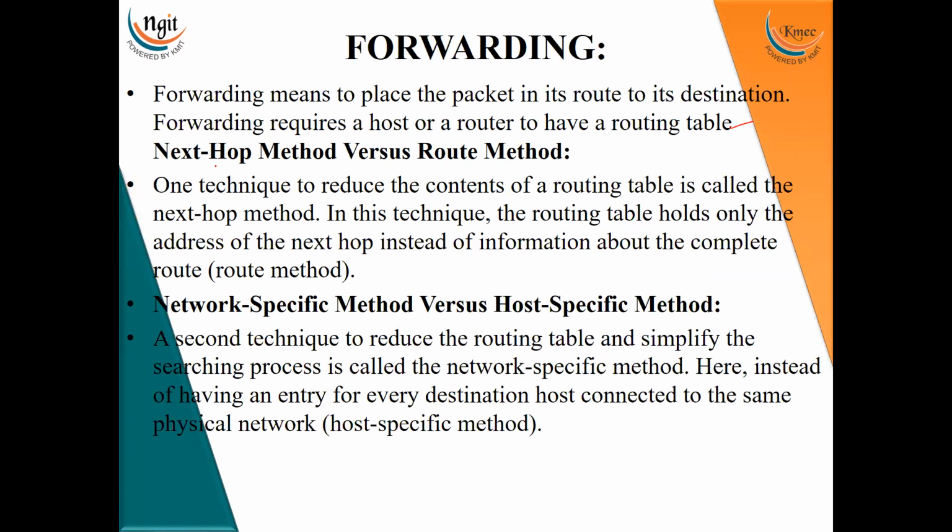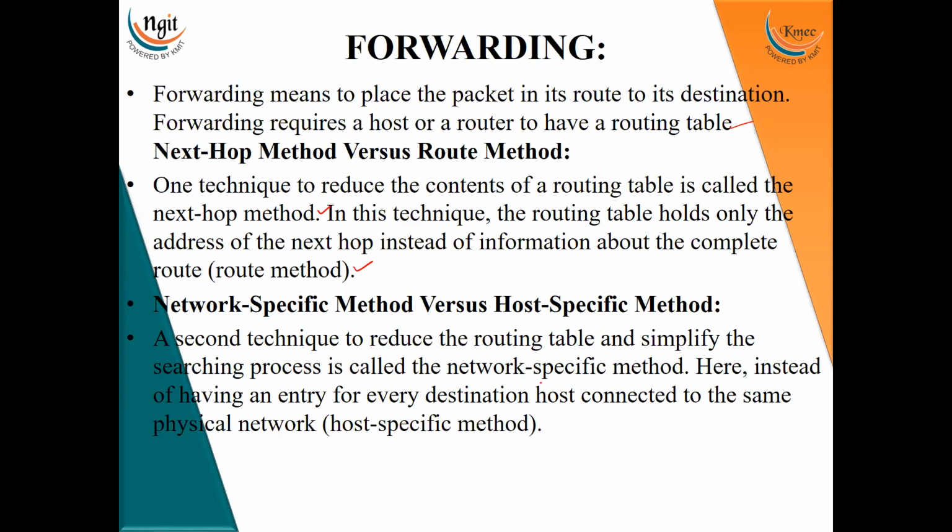What is the next hop method versus the route method? One technique to reduce the contents of a routing table is called the next hop method. In this technique, the routing table holds only the address of the next hop instead of information about the complete route. In the network specific method versus the host specific method, this is a second technique to reduce the routing table and to simplify the searching process.